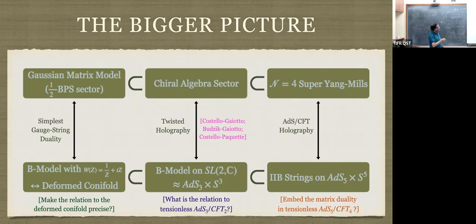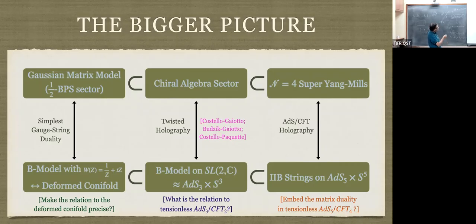In fact, it goes through an intermediate sector, which has been recently studied a lot by Gaiotto and collaborators. So I claim this thing here. Let's say we take the B-model for simplicity.